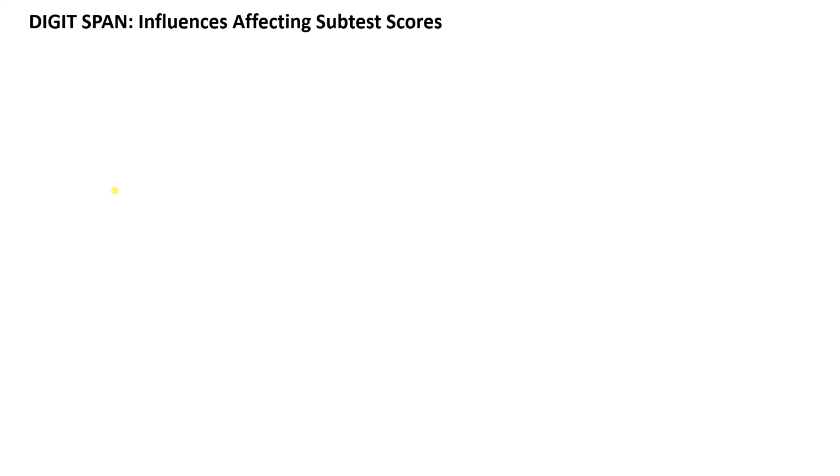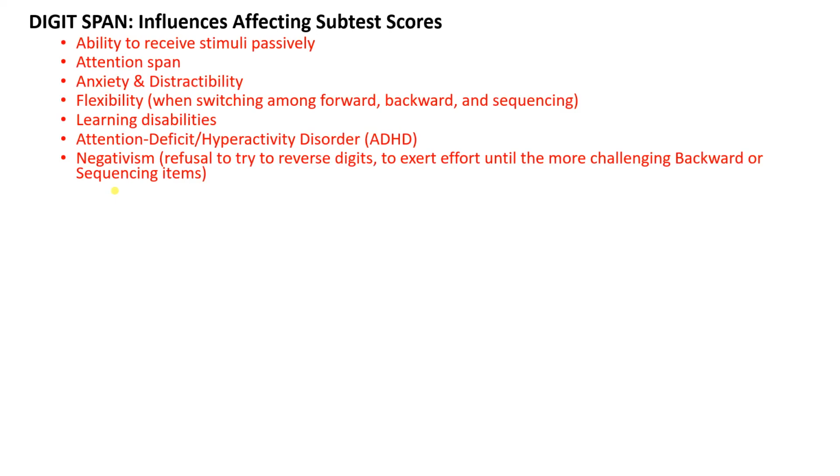The factors influencing this test include ability to receive stimuli passively, attention span, higher the attention span, better will be the performance, anxiety and distractibility, as you can infer, this will lower the score, flexibility, for example, switching from forward, backward, and sequencing. So, some flexibility is also required.